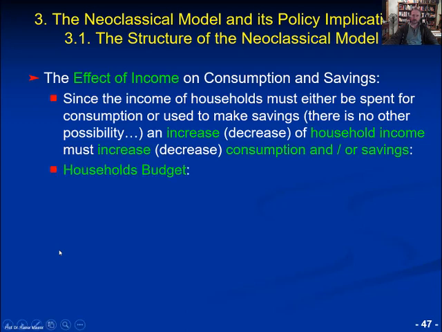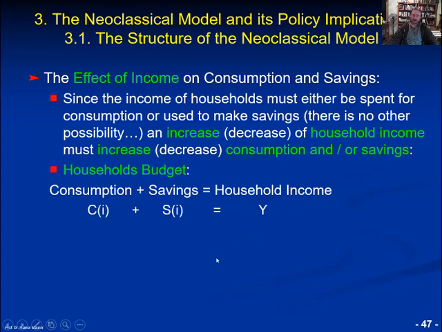So if we write down again the household budget, consumption plus savings is equal to household income, then it's obvious that an increase of household income or an increase of GDP must lead to an increase of savings and or an increase of consumption, while a decrease of household income or GDP must lead to a decrease of savings and or a decrease of consumption.